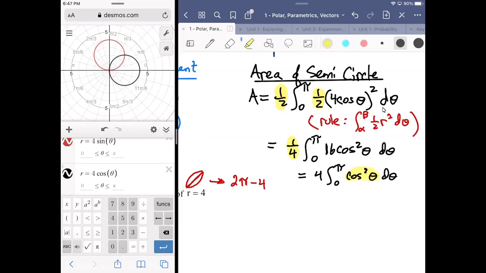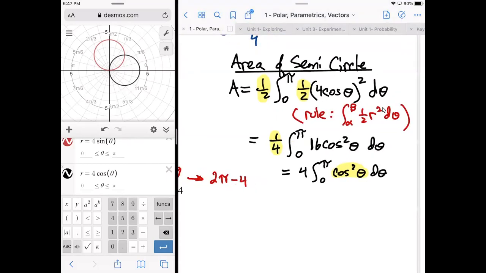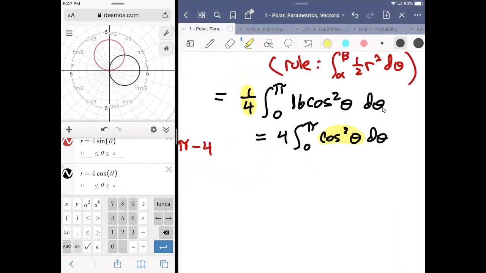So we need to integrate this bad boy, which requires a little Calc 2 knowledge. If you happen to remember the substitution for cosine squared, because you can't just simply use substitution or trig substitution or anything like that. You use a trig identity to replace the cosine squared theta.